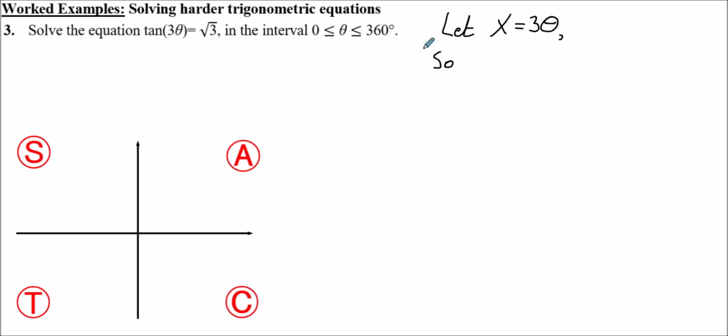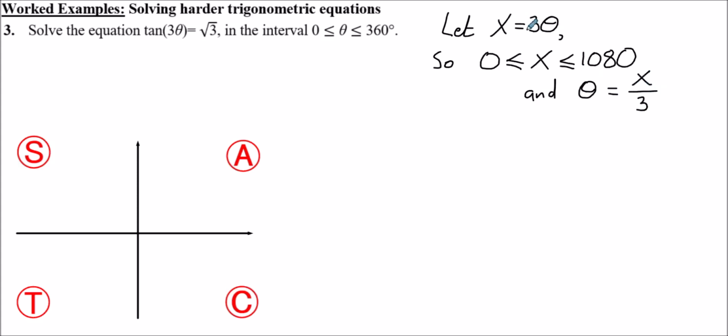So our limits for big X are 0 multiplied by 3, which is still 0, and 360 multiplied by 3, which is going to be 1080. And just to remind ourselves, theta in terms of x, theta is just going to be whatever we find for x divided by 3.